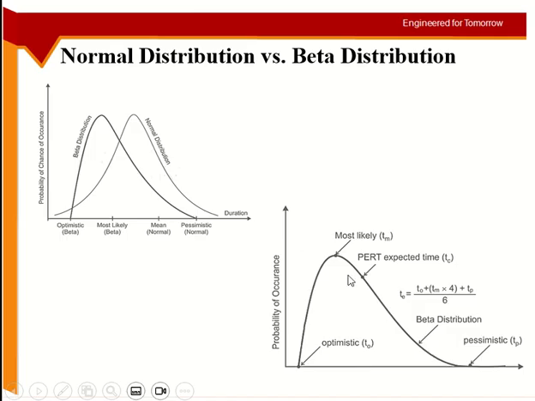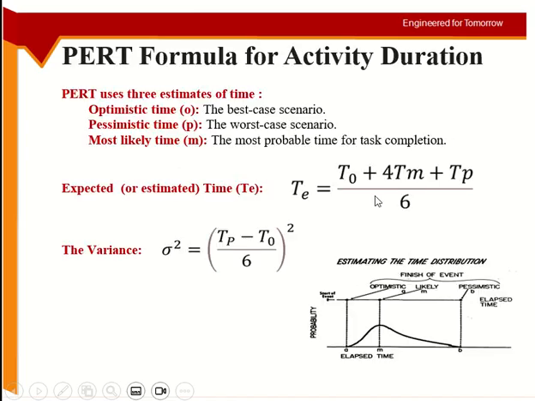So according to PERT, the mean time of an activity, they call it the expected time. The expected or the mean time of the activity depends upon three values: optimistic time, the absolute minimum; most likely time, the top most time everybody is trying to achieve; and the pessimistic time, the highest time of the activity.